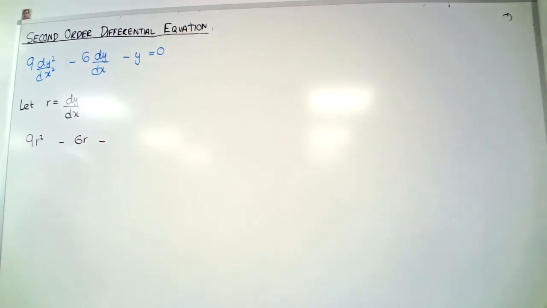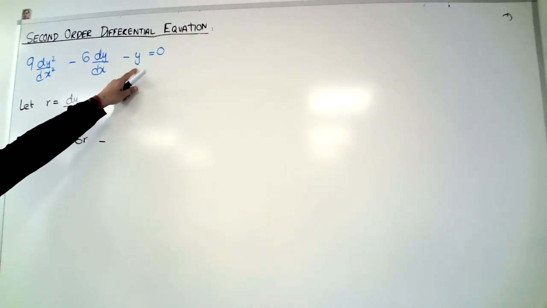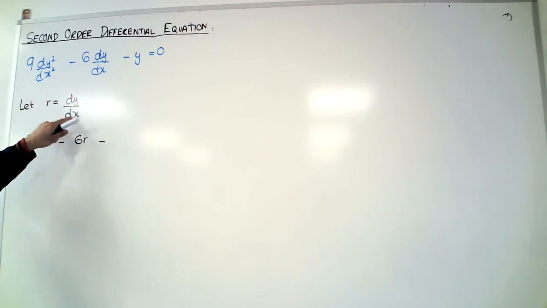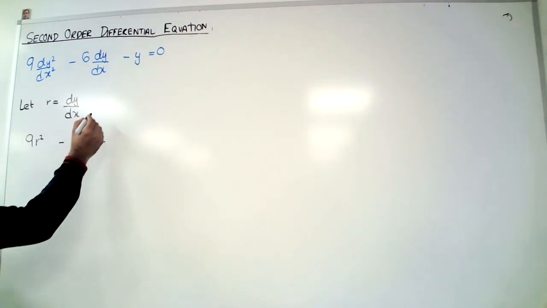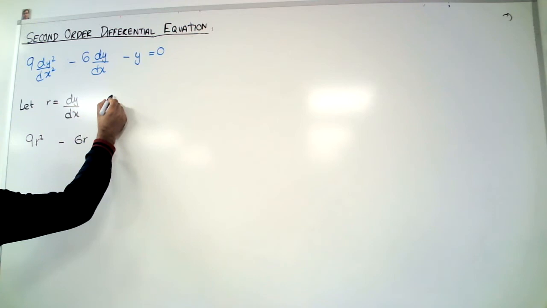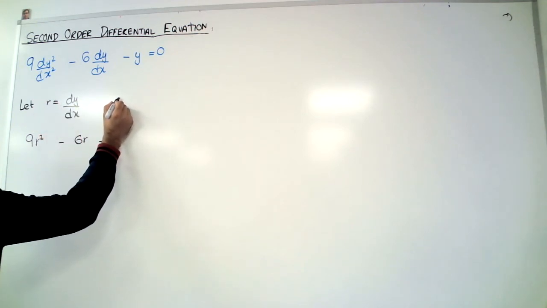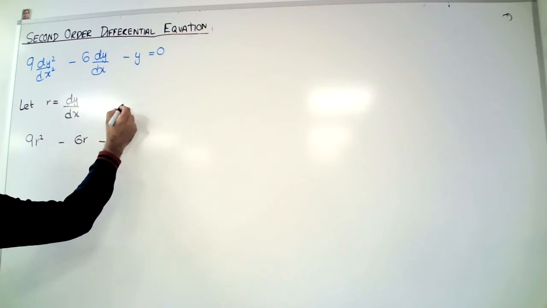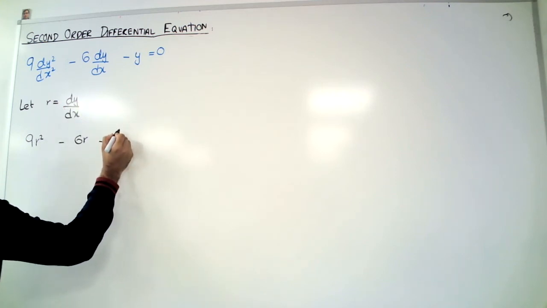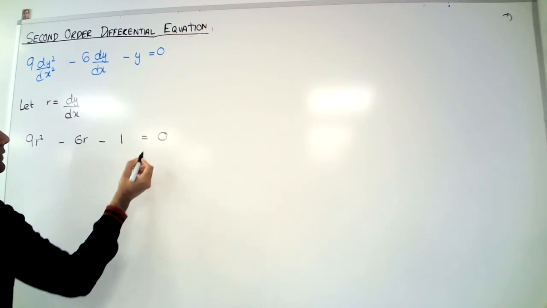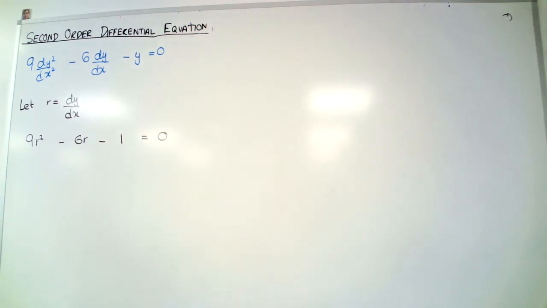Okay, now I got that one. So if I integrate this thing, on this side, because I got r dx or dy, that will give me y as 1. So 1 equals to 0. Yeah. So I got that one straight away.